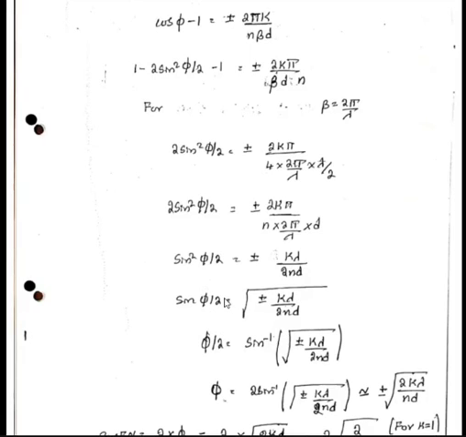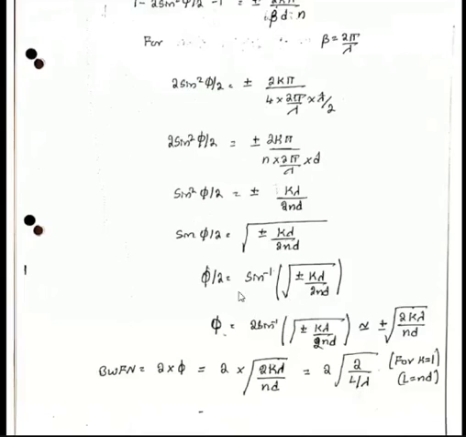Again, a square value is there, so take the square root on the RHS. So phi by 2 equals sine inverse of the value. Phi is equal to 2 sine inverse of the root of plus or minus k pi divided by 2 N d.